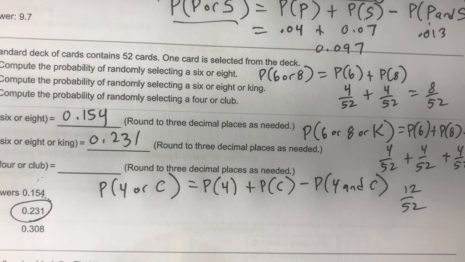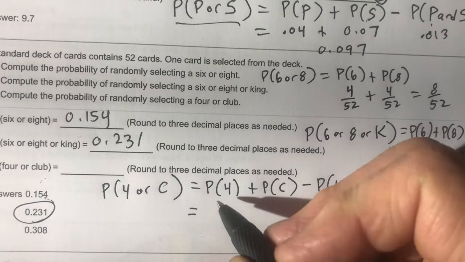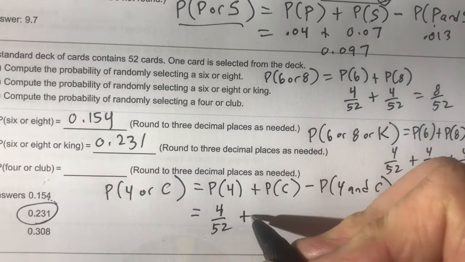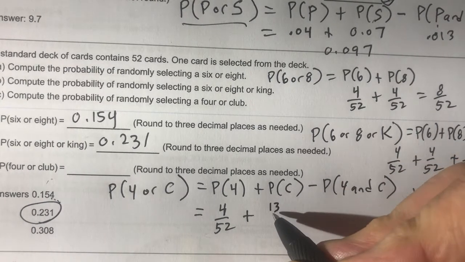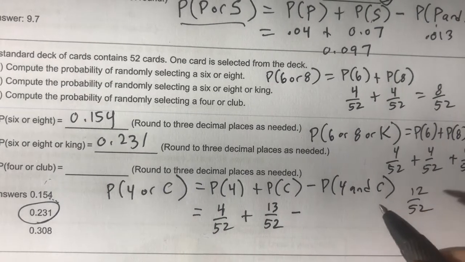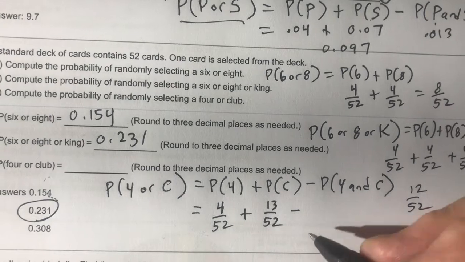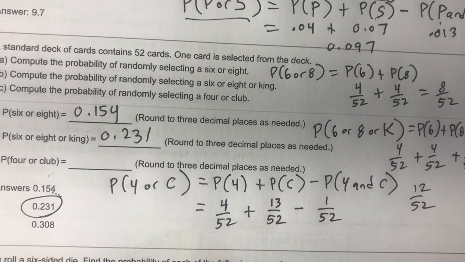Now, probability that you get a 4, well, there's 4 4s out of 52 total cards. The probability that you get a club, there's 13 clubs out of 52. Minus, now the probability that you get a 4 and a club, there's 1 4 of clubs out of 52.